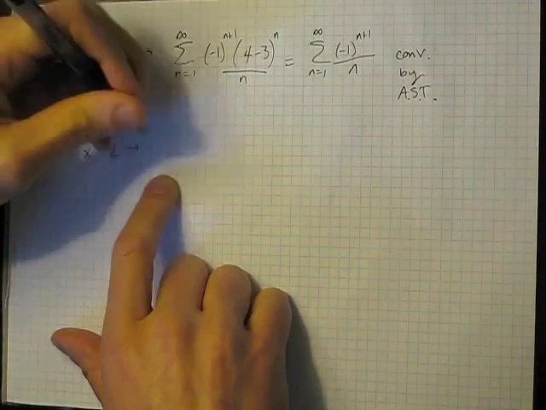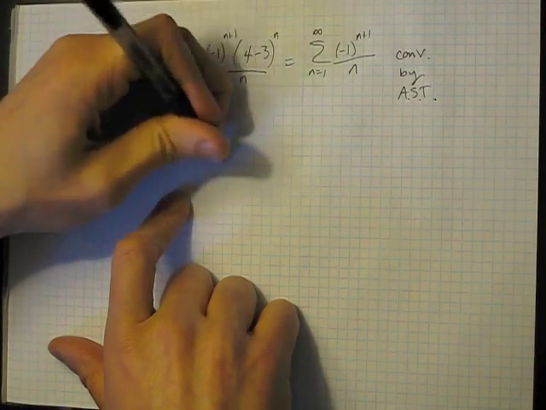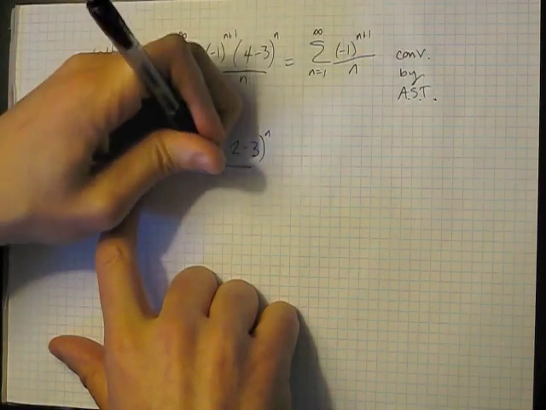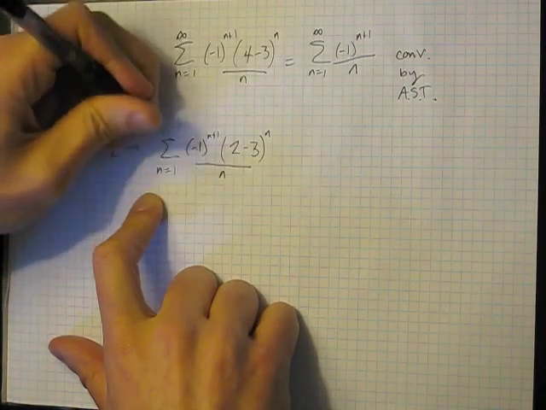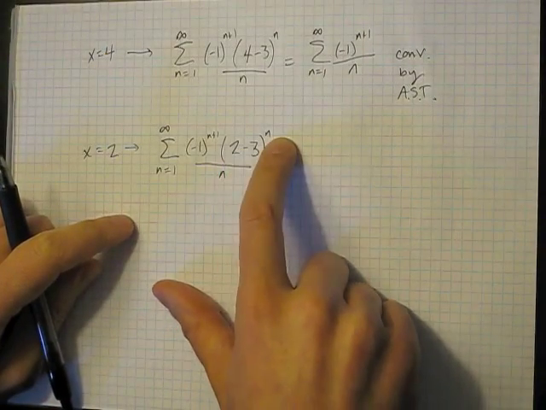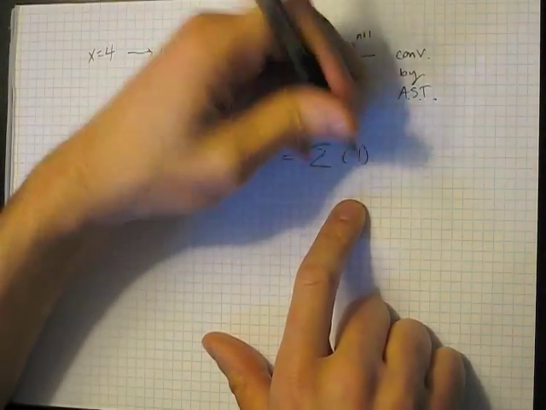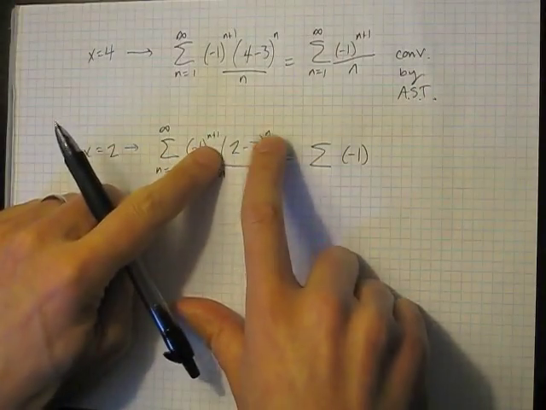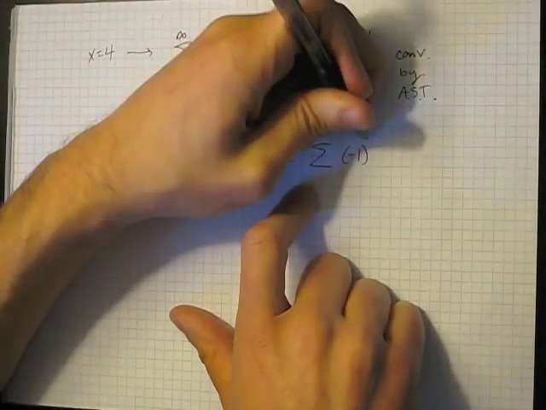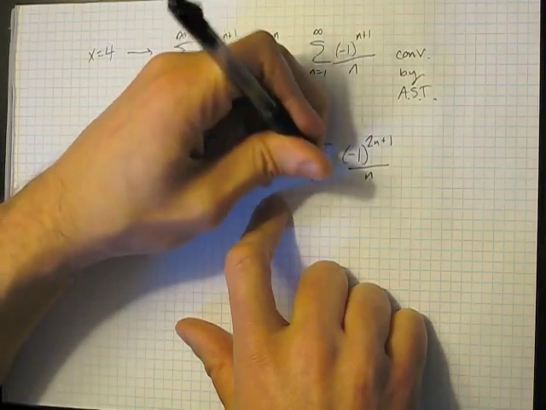For x equals 2, we have (-1)^(n+1) times (2-3)^n over n. Simplify this out. This is a minus 1 raised to the n power, and here we have another minus 1, so we have to add these together: n plus 1 plus n is 2n plus 1, divided by n.